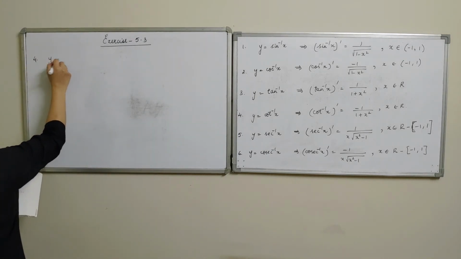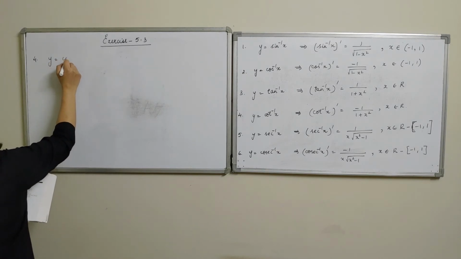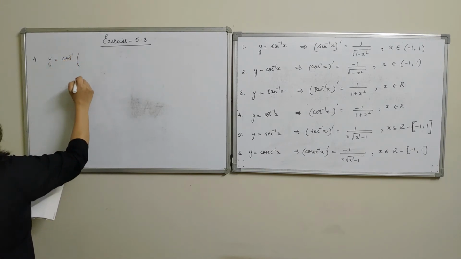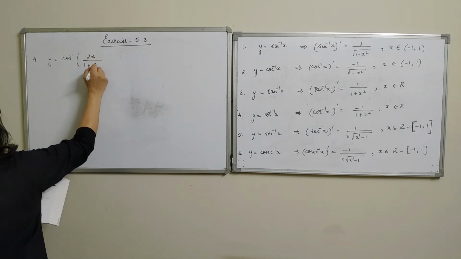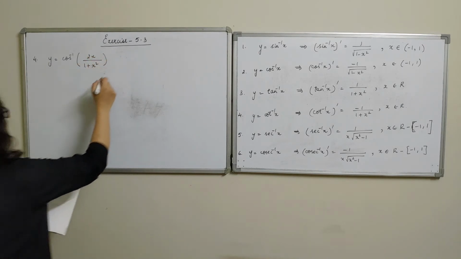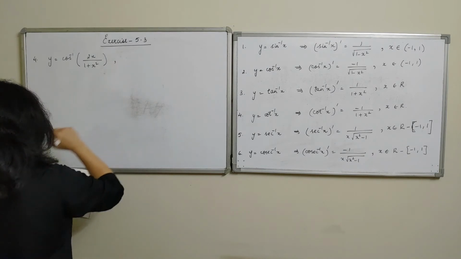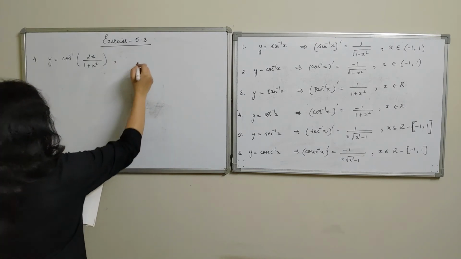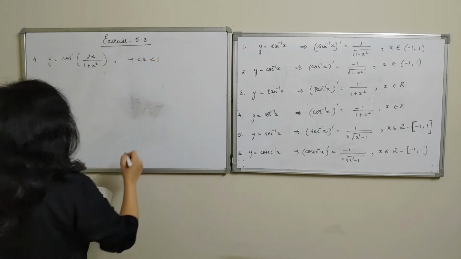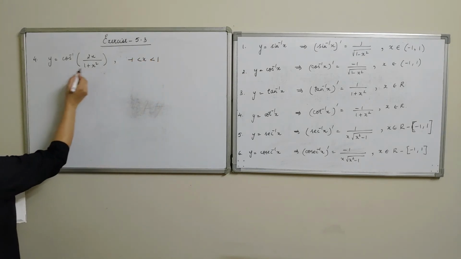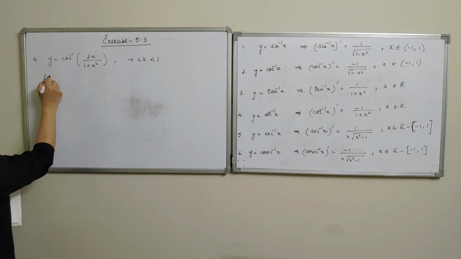So next is y is cos inverse of 2x upon 1 plus x square, where x is greater than minus 1, less than 1. So once again, composite inverse trigo function.